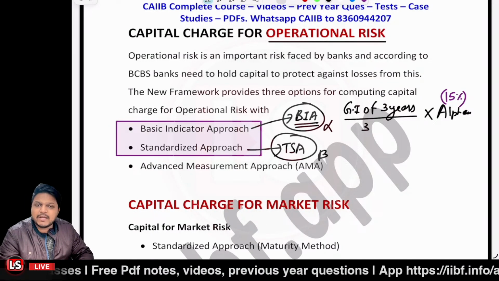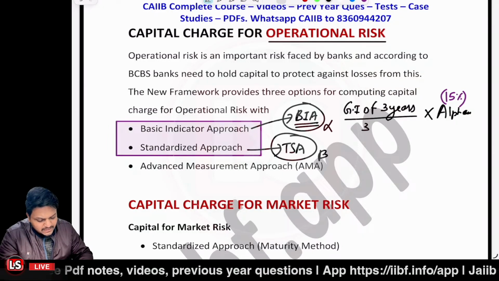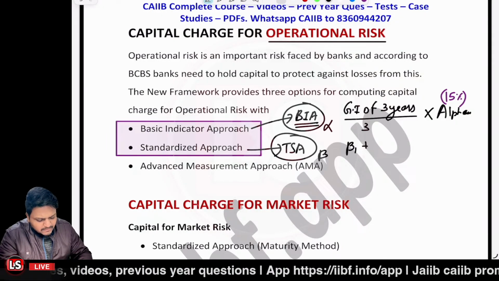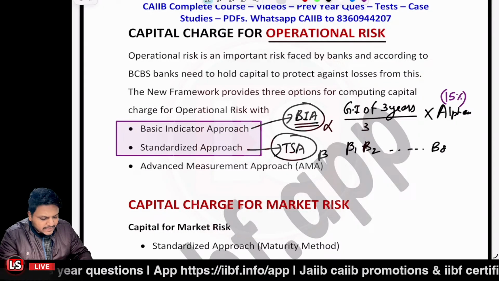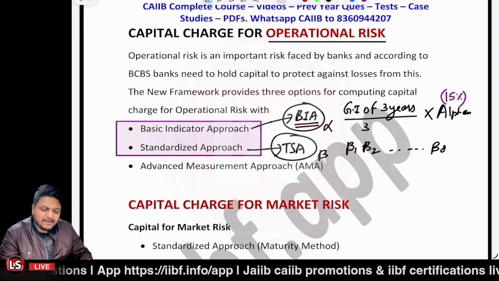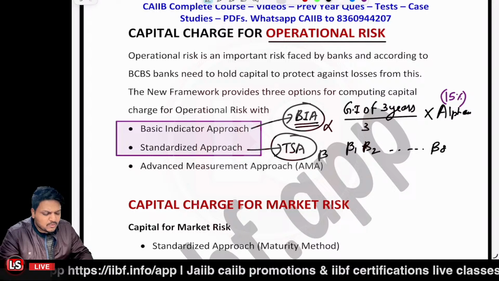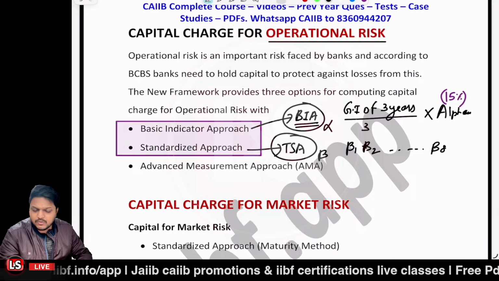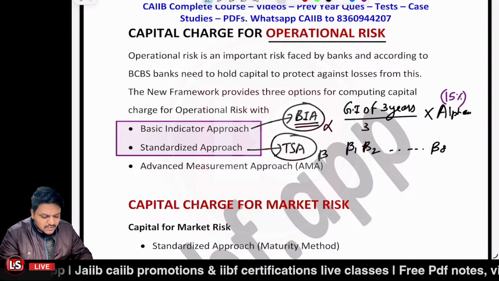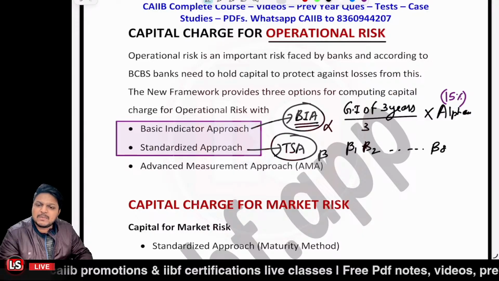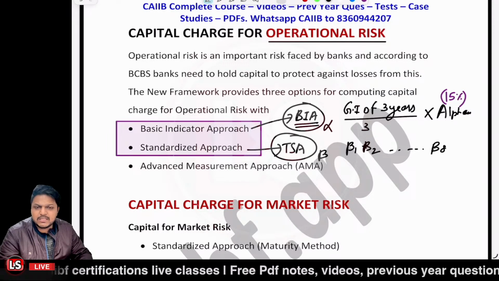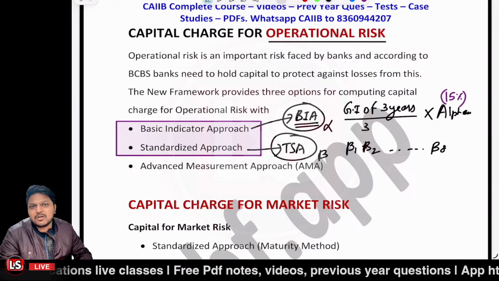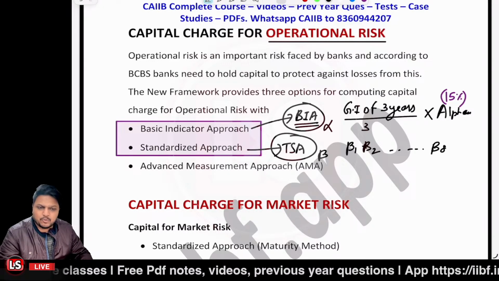For 8 business lines, we have different betas, like beta 1, beta 2, beta 3, up to beta 8. If we calculate the average of all the betas, it will come to 15% itself. But for this case, we'll be multiplying the gross incomes with the respective beta factor, and then adding them all up. So it is more sensitive than the BIA approach.